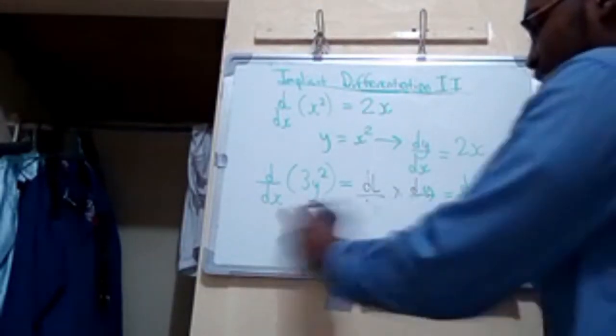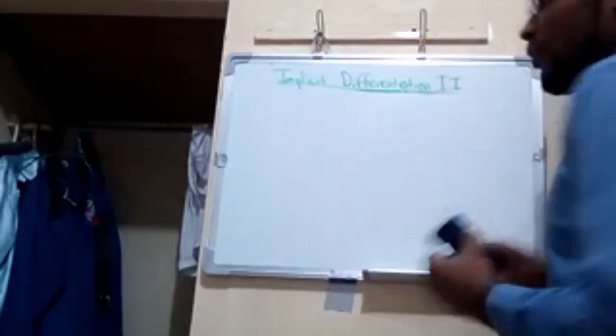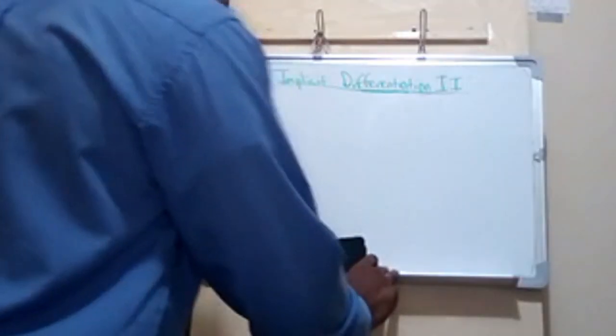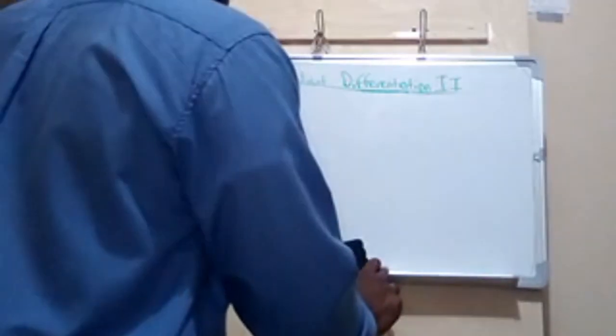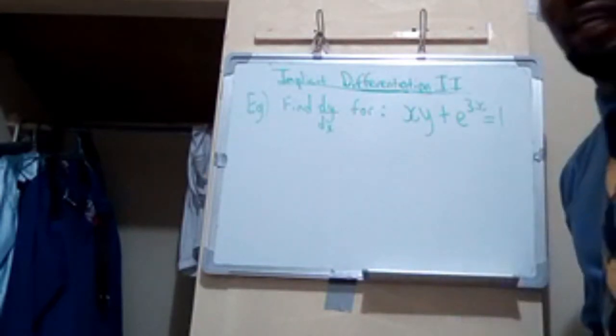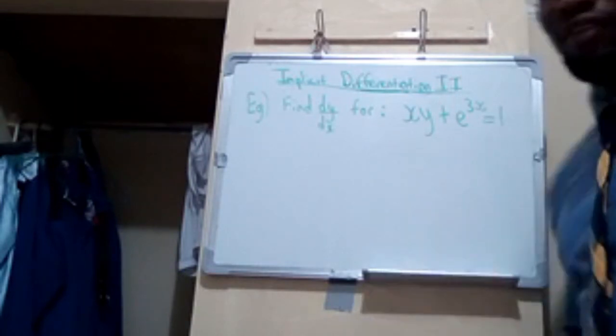So let's look at some examples. Example: find dy by dx for, let's say, xy plus e to the 3x equals 1. I'm asking you to find dy by dx for this equation, and it's very simple.